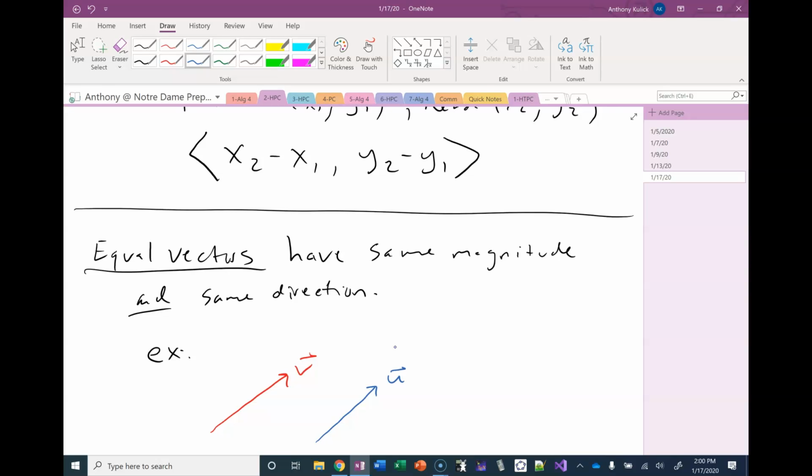Probably, right? Looks pretty close. I tried to draw it so they'd be equal. Now, how could we check? What would be the easiest way to check? Ben? Okay, that would work. Is it going to be the easiest way, though?